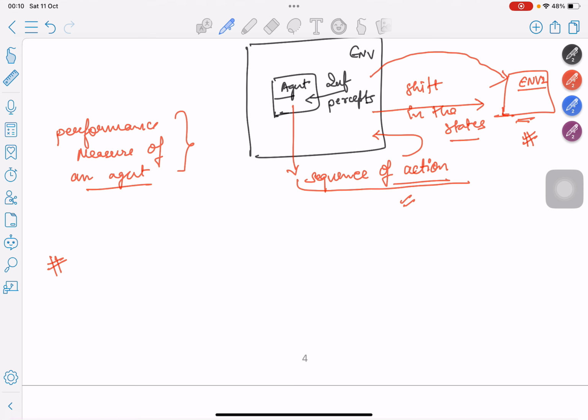Desirability really means that we as humans have desires, and we have preferences of our own. I like tea, someone else likes coffee, so everyone has their own preferences.